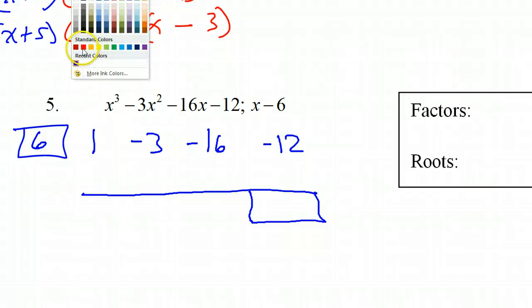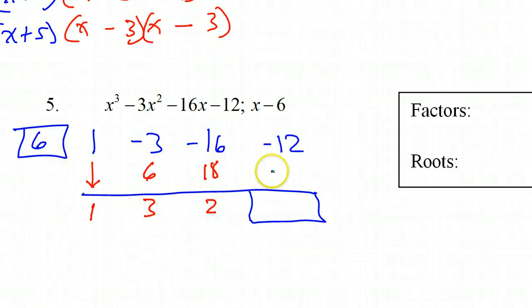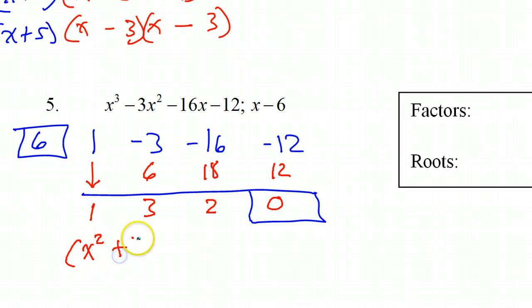So let's bring down that 1. 1 times 6 is 6. Together that makes 3. 3 times 6 is 18. That makes 2. 2 times 6 is 12. That makes 0. Turning it back into a trinomial, I have x squared plus 3x plus 2.